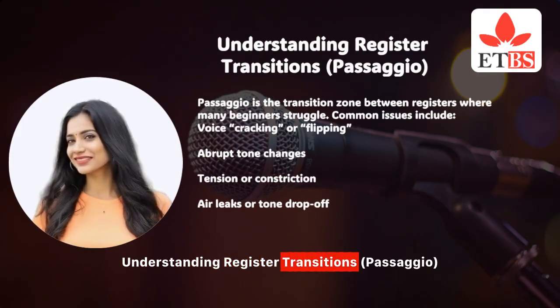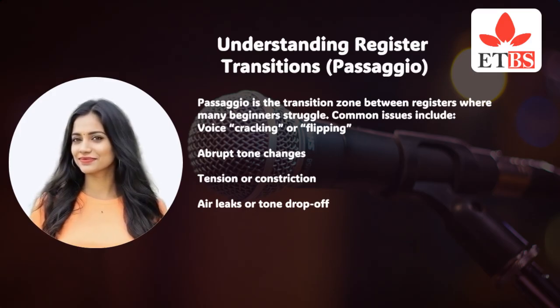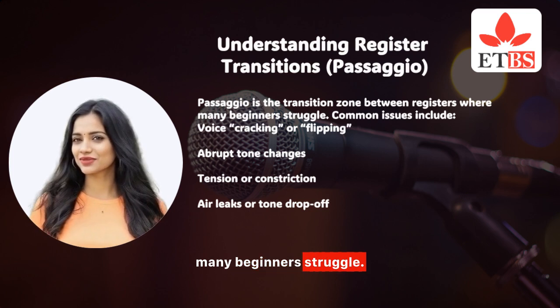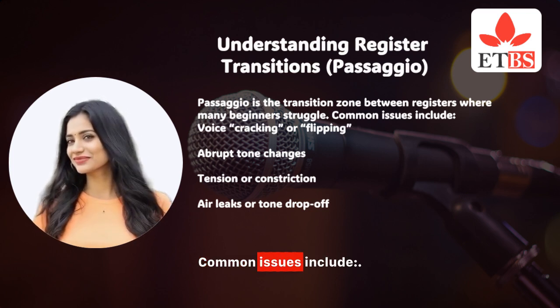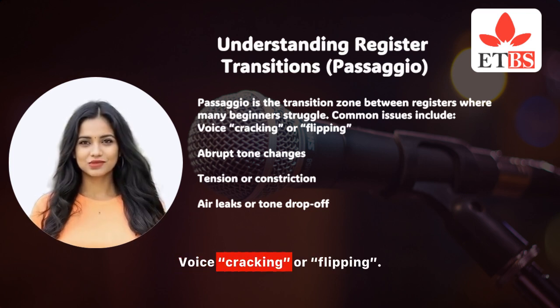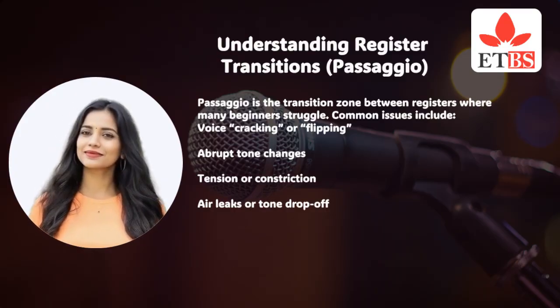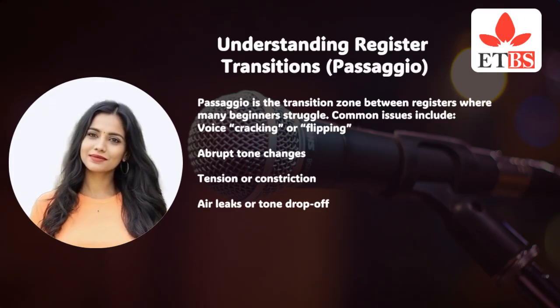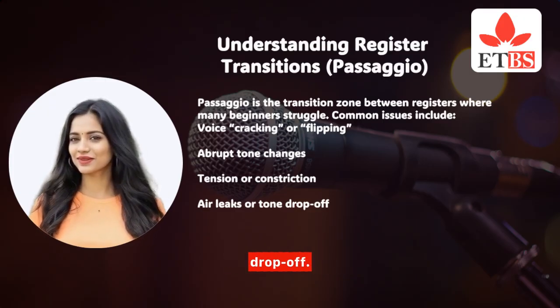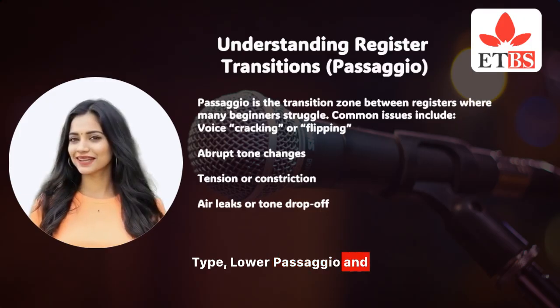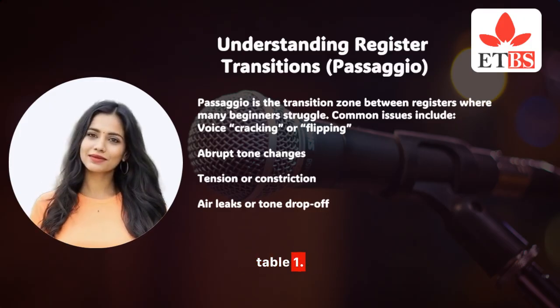Understanding register transitions. Passaggio. Passaggio is the transition zone between registers where many beginners struggle. Common issues include voice cracking or flipping, abrupt tone changes, tension or constriction, air leaks or tone drop-off. Passaggio zones. In this course, we will be using voice type, lower passaggio, and upper passaggio in our Table 1.